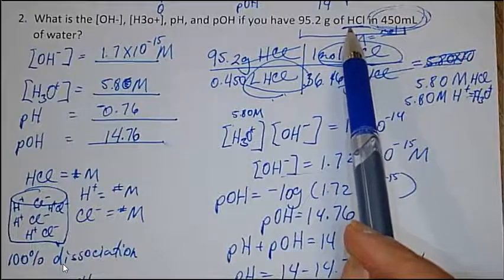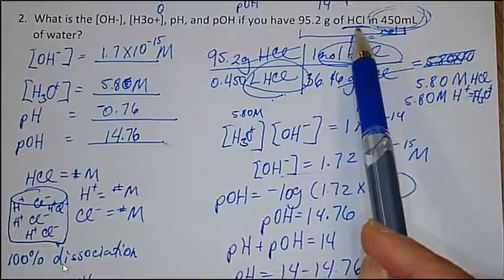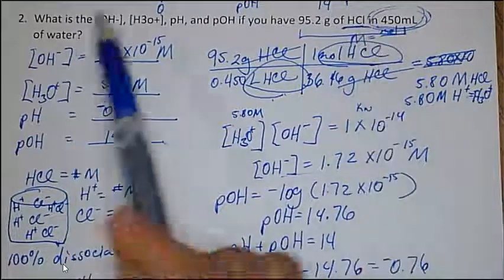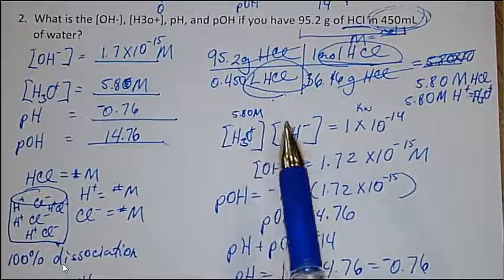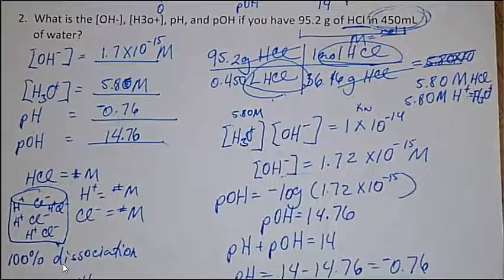If I give you a weak acid or a weak base, this solution doesn't work because remember, your weak acids and your weak bases do not dissociate completely. Sometimes they break apart into positive and negative ions, but sometimes they don't. So we don't know which one happens, and we would have to use a different process for that.